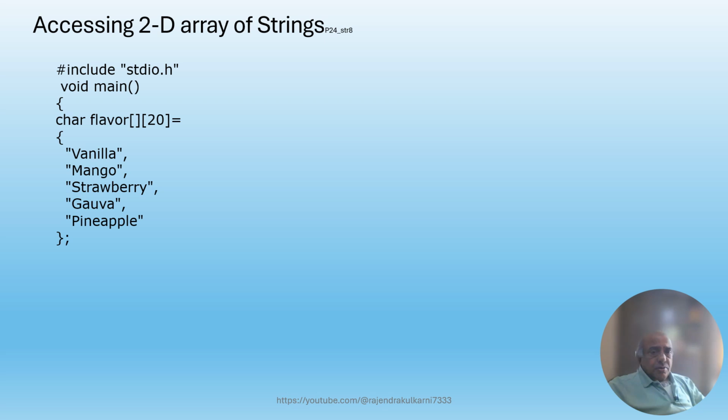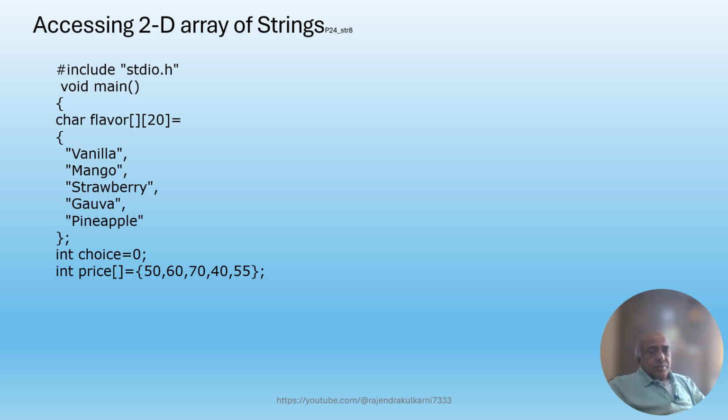Then we have assigned 5 flavors of ice cream to this 2D array of strings named flavor. Then these are the prices, which are combined in an array named price.